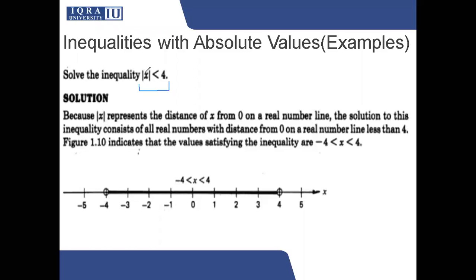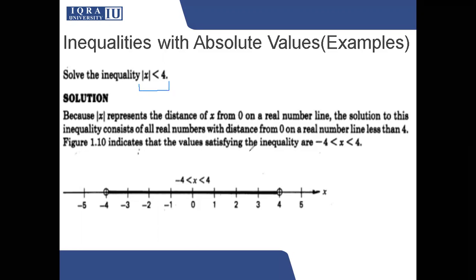That number x, and the distance between that number and the number 0, has to be less than 4. Because the absolute value of x represents the distance of x from 0 on a real number line, the solution to this inequality consists of all real numbers with distance from 0 on a real number line less than 4, right?